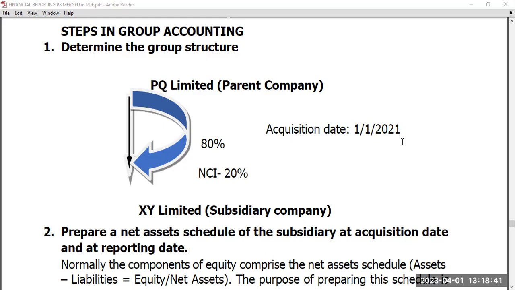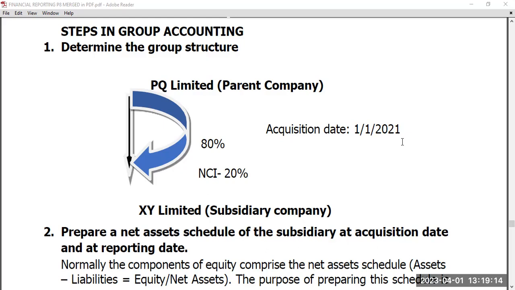It is very important because when we start preparing the financials for the income statement, if the company has not acquired that company at the beginning of the year, we have to time apportion the profit, so that we know what profit was acquired at the point when they joined the company.